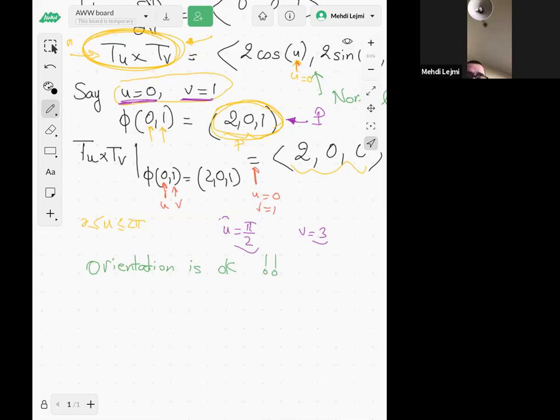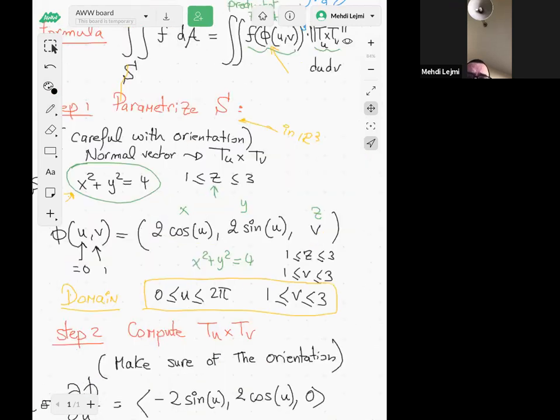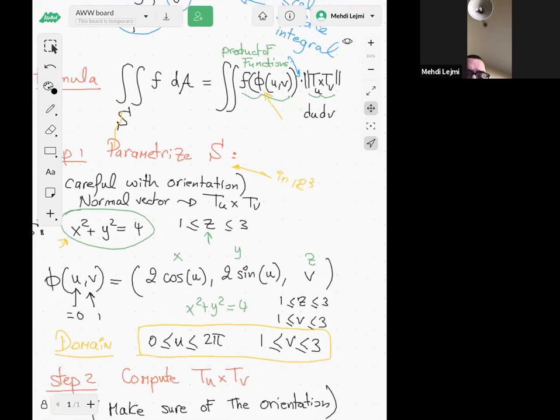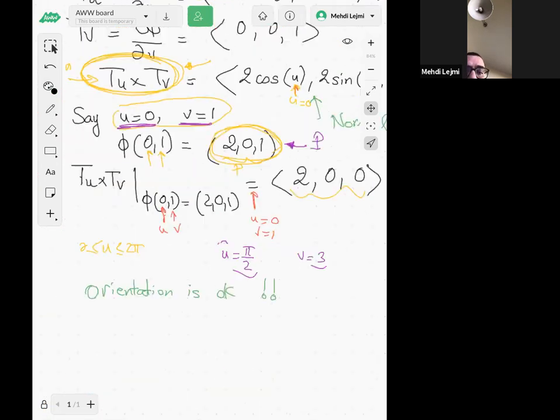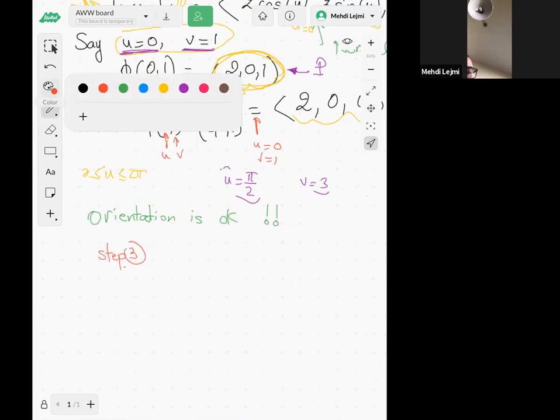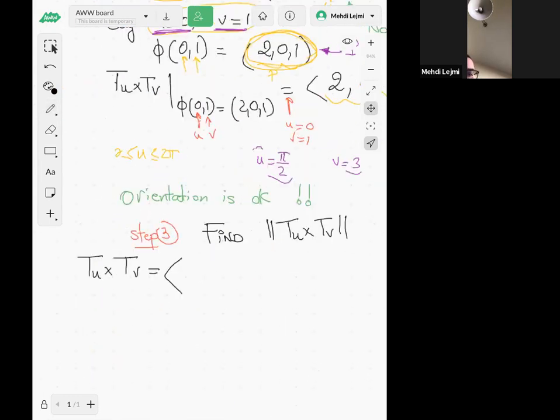Anyway, I compute T_u cross T_v, but for this scalar surface integral, we need the norm of T_u cross T_v. So, step 3, we have to find the norm of this vector. T_u cross T_v, we said, is (2 cosine of u, 2 sine of u, 0).